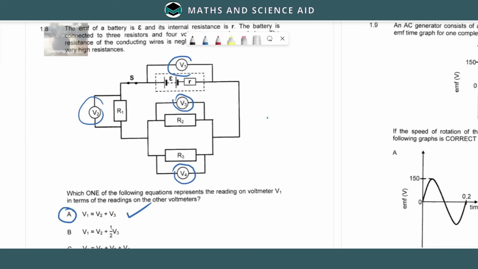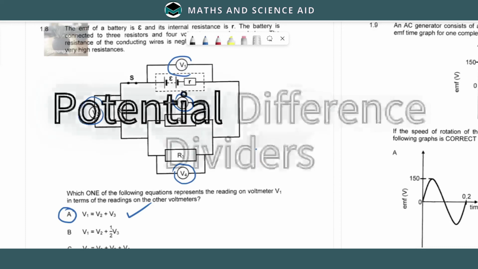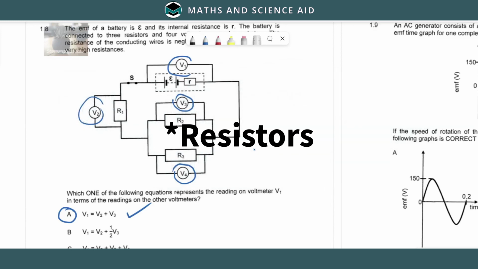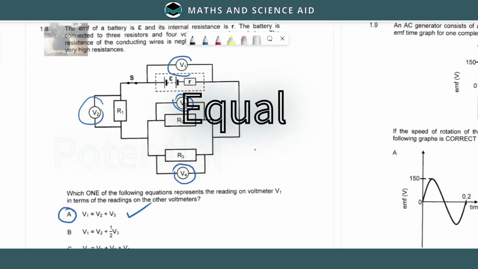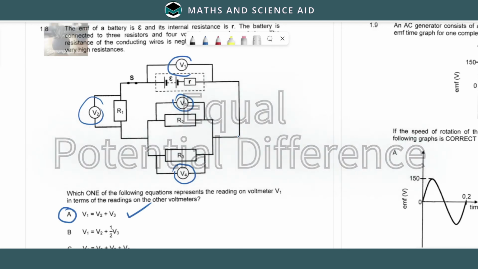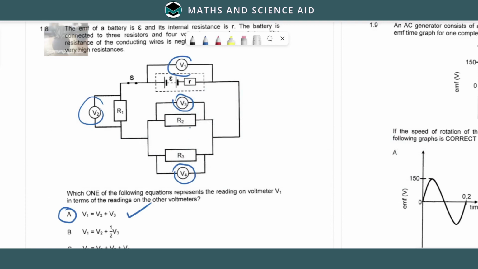And you must also remember that resistors in series are potential difference dividers, whereas components in parallel have the same voltage across them, right? So it means that in this parallel connection, V3 is equal to V4 because these are connected in parallel.